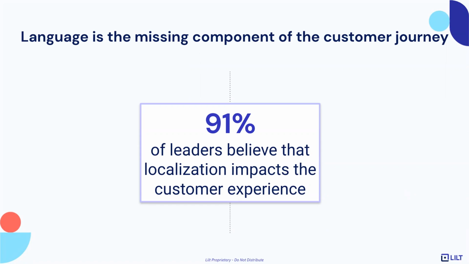But language is still missing in a lot of ways from those conversations, and taking it from a fragmented, potentially unusable experience for folks outside of the language you might offer your services and products in, and making it fully interactive and engaging for everyone is super important.